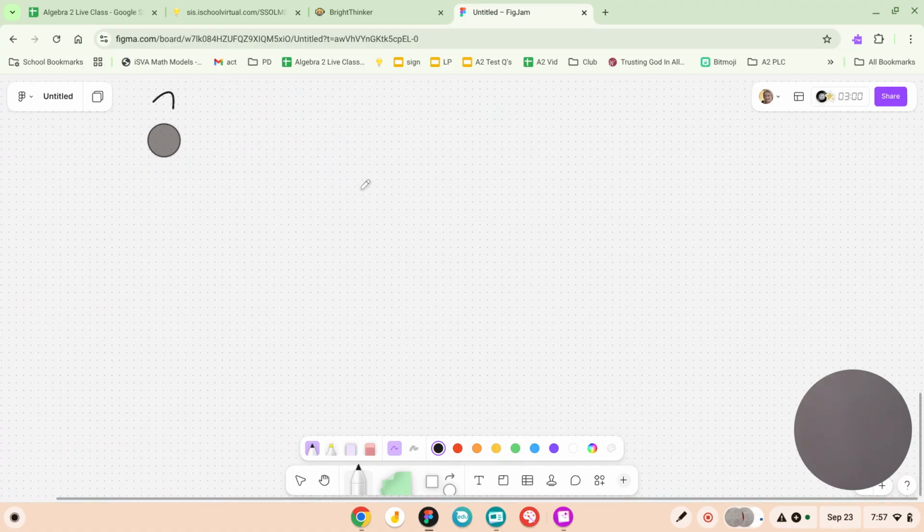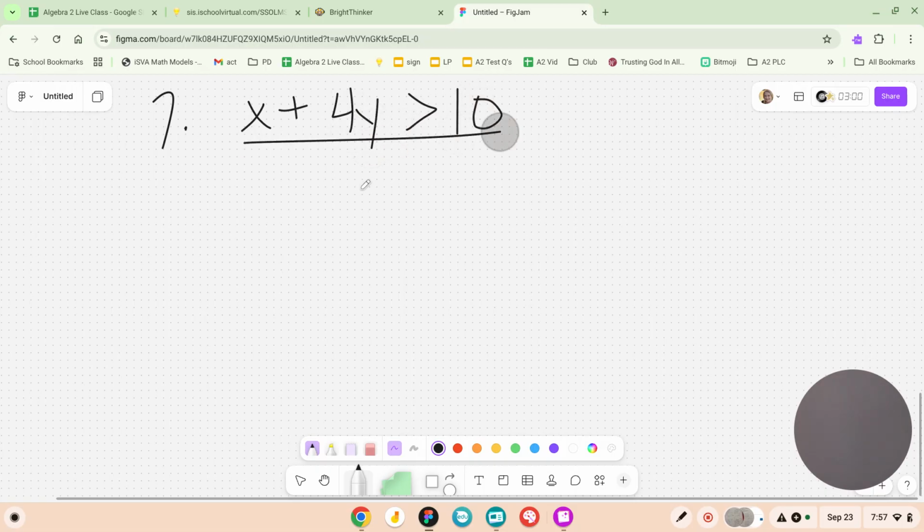So number 7 type of question is just giving you a simple equation. I'm going to give you one similar. What I'm going to show you is, if this is just a plain old ax plus by is greater than c equation, you just have to determine which graph it is and where it's shaded.